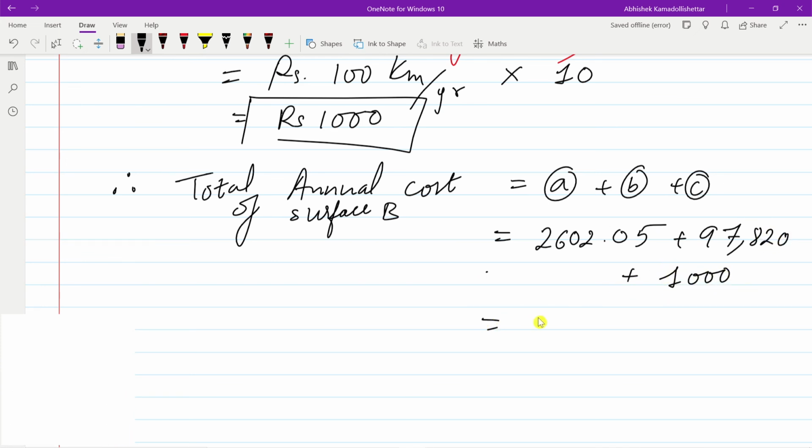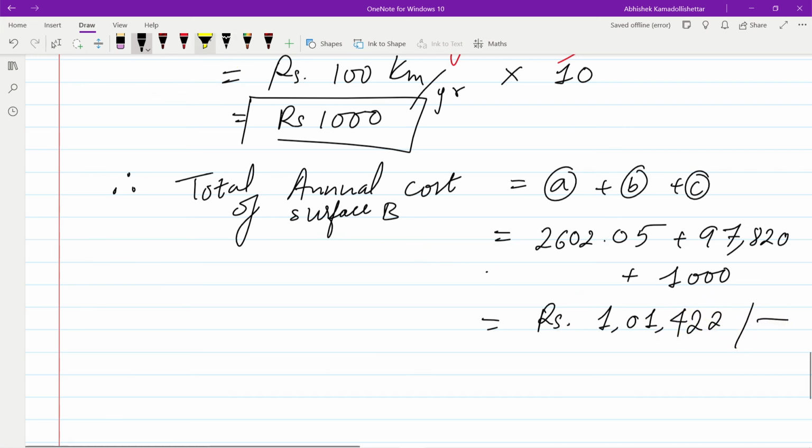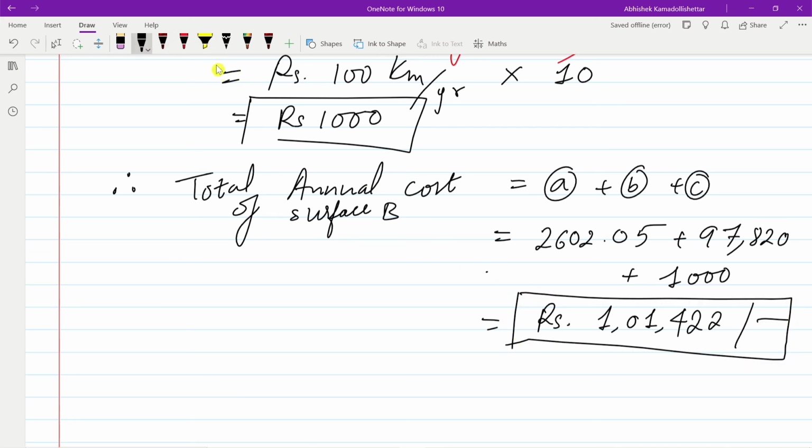So finally you are getting the value as rupees 1,01,422. This is the final value that we have obtained.